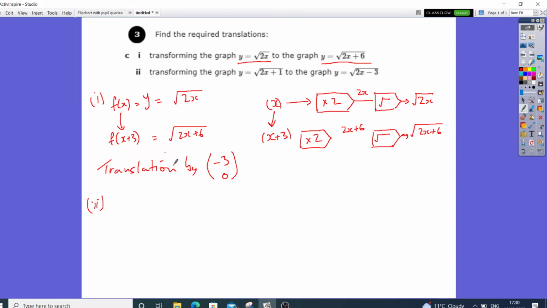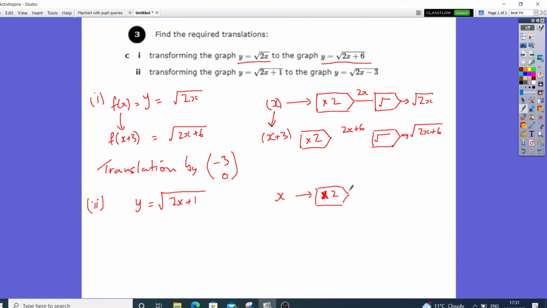Now if we look at the second one, similarly, this time it's told you that the equation is y equals root 2x plus 1, and you want to know from that graph how do you get to the new one. So same thing. You've got x, what is happening to x? You are going to double it, so the first machine it goes through is a times 2 machine.